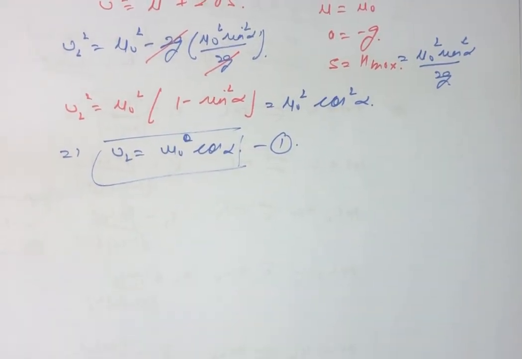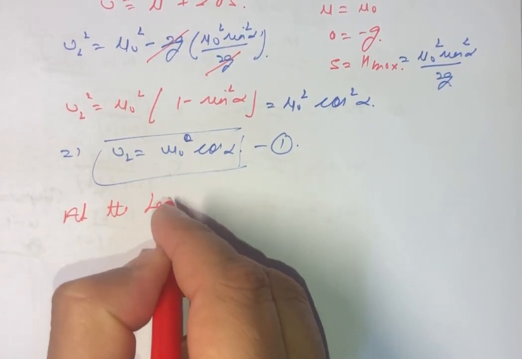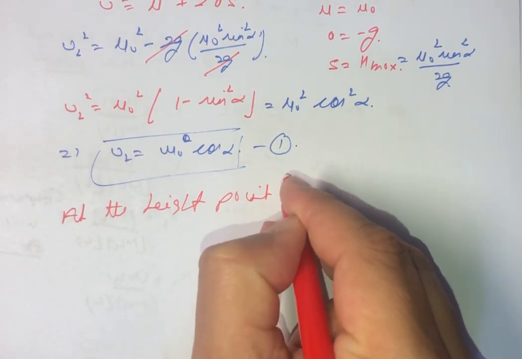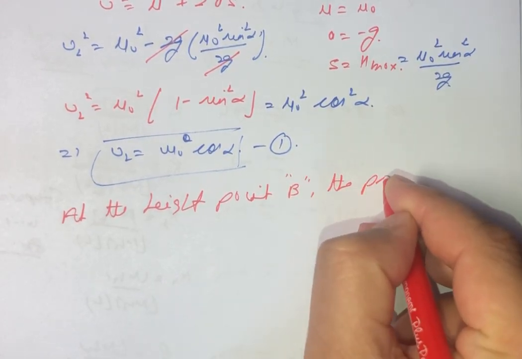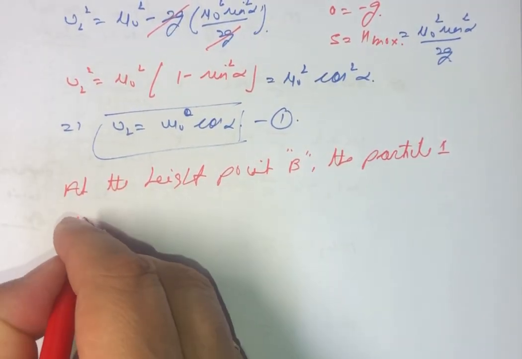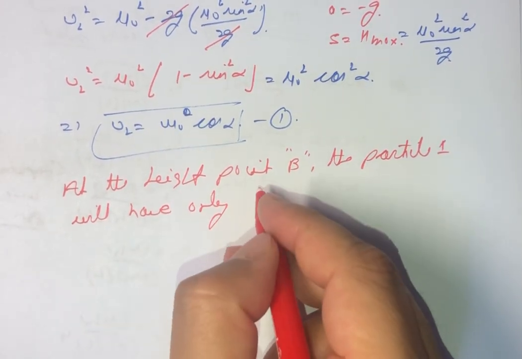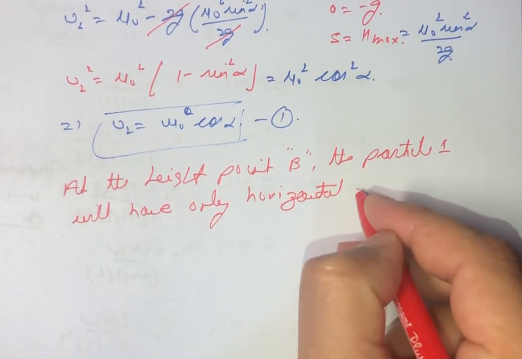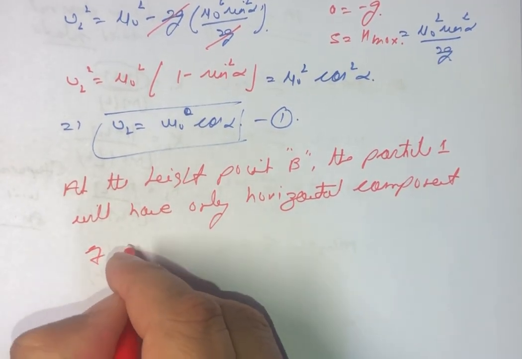You can say that at the highest point B, particle 1 will have only a horizontal component of velocity.